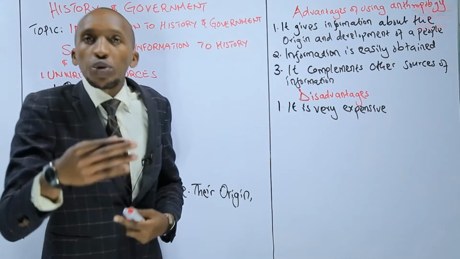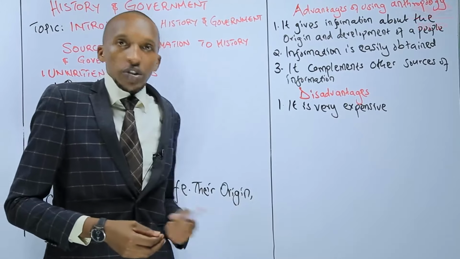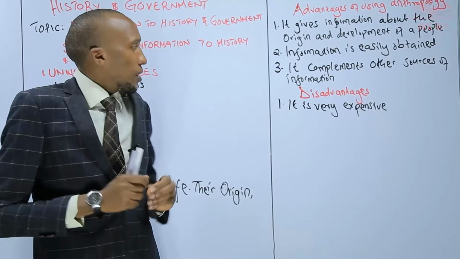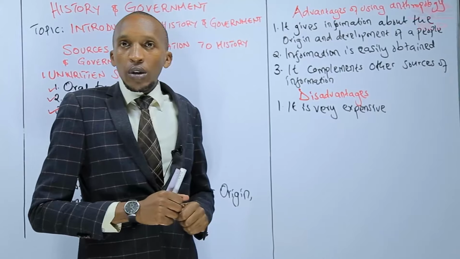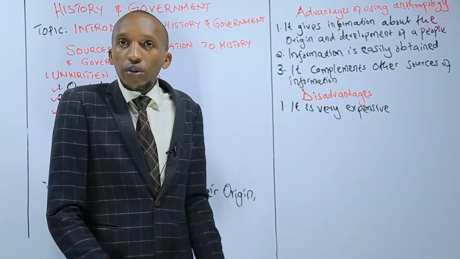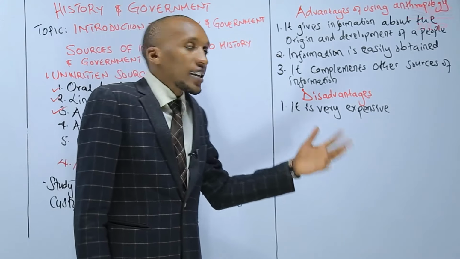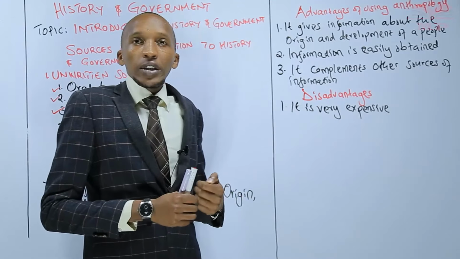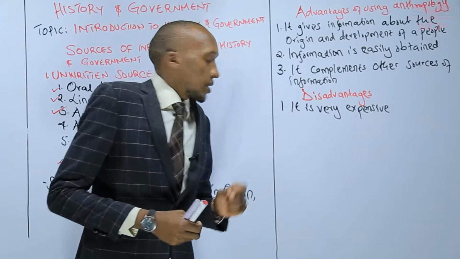If you study and then you become an anthropologist, you want to be studying communities, you have to leave your own family and go and live among other people. When you go to live there, it does not mean you just have food for free. You have to pay for that food, right? You have to entice them so that they can accept you in their culture and in their families. So that is one disadvantage.